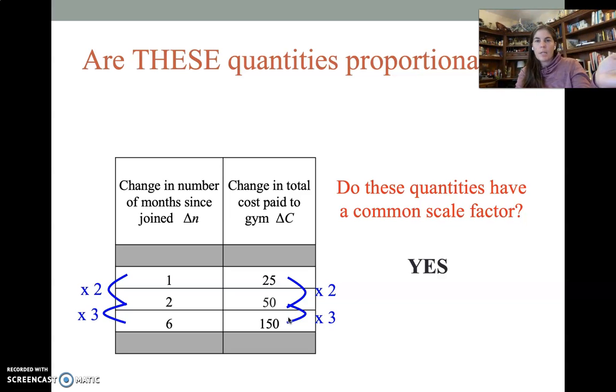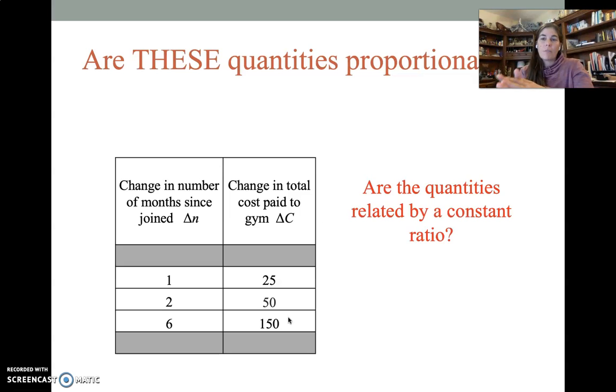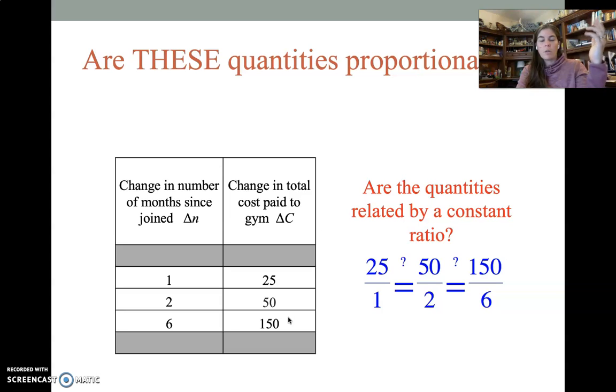And so yeah, I've proven that these quantities are proportional because there's that constant scale factor. But just to beat a dead horse, let's keep going. I could show that by the constant ratio. I could just set up the ratio: the change in cost over the change in number of months. Is that always going to be the same? In this case, we'd say 25 over 1, 50 over 2, 150 over 6. And in each of these cases, if I simplify, I'm going to get 25. And so the answer again is yes.